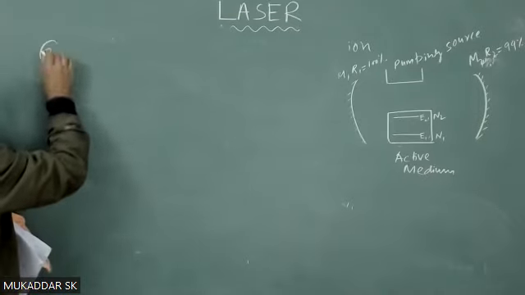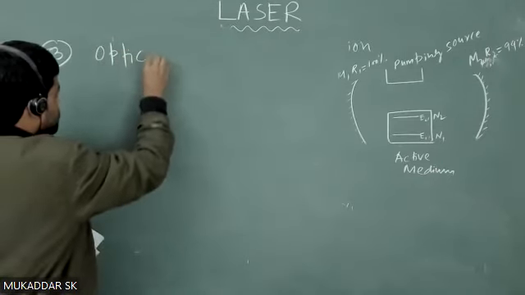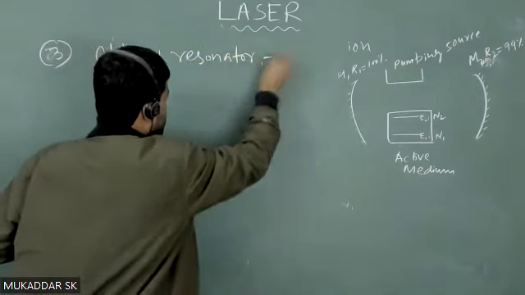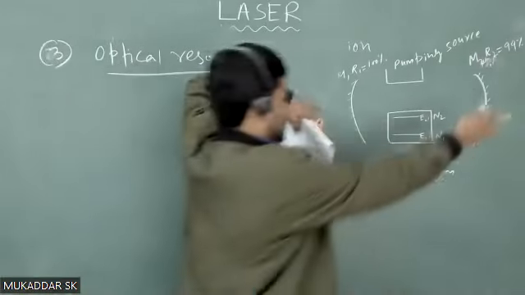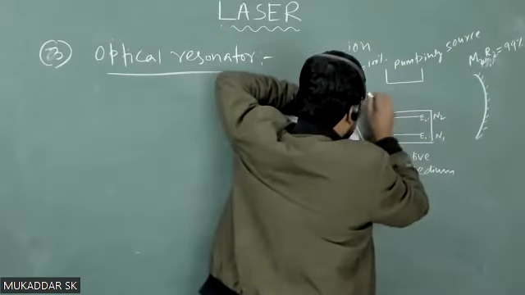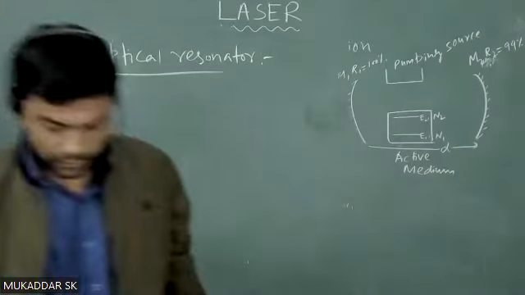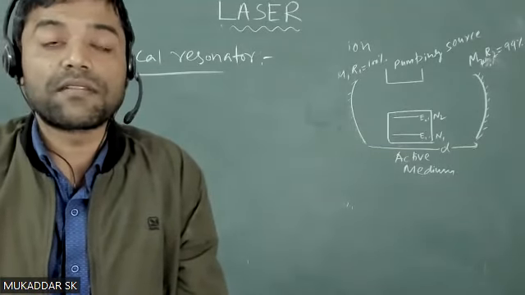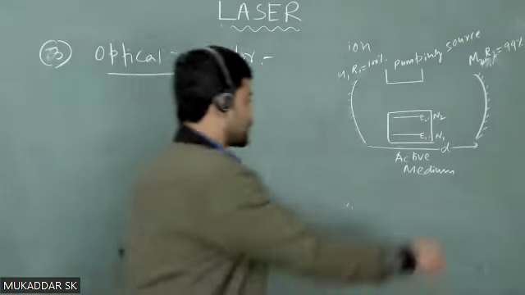The optical resonator is nothing but a pair of mirrors, M1 and M2, having a specific separation D.